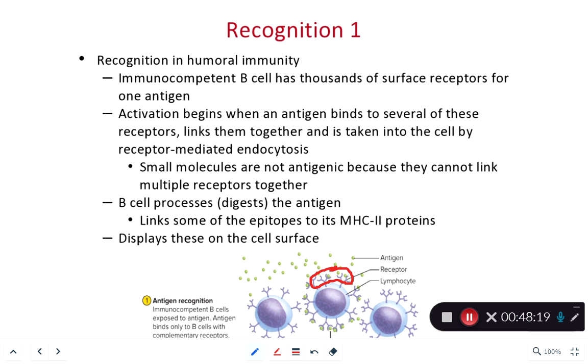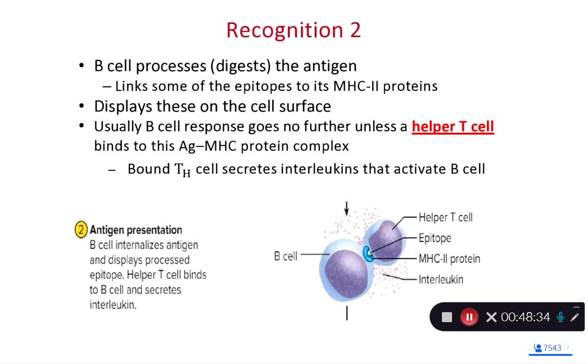B lymphocytes. Okay. So as we look at our B lymphocytes, they phagocytize the antigen, they digest it, and then they take little bits and pieces of the antigen and display it on the surface. They act as an antigen-presenting cell. And as that B lymphocyte that's digested the antigen presents it on the surface, it's going to show it to a T helper, or T sub H lymphocyte.